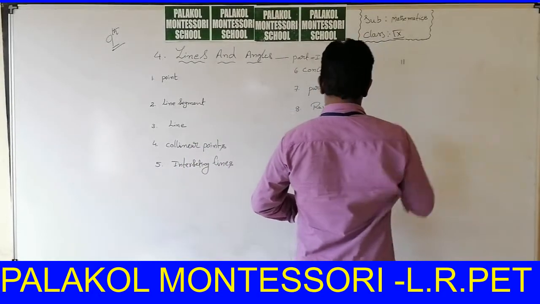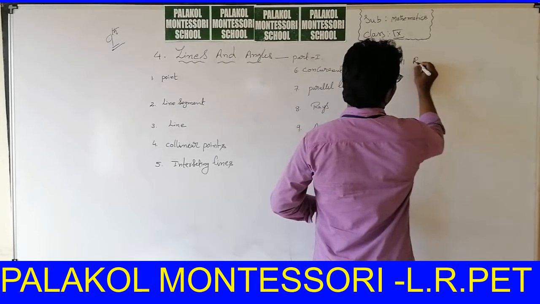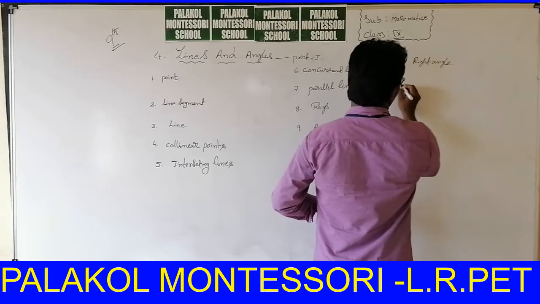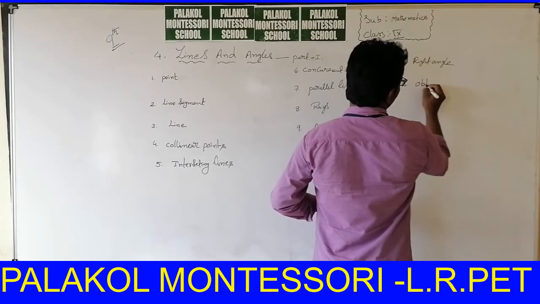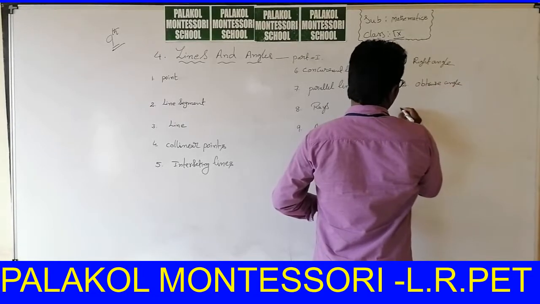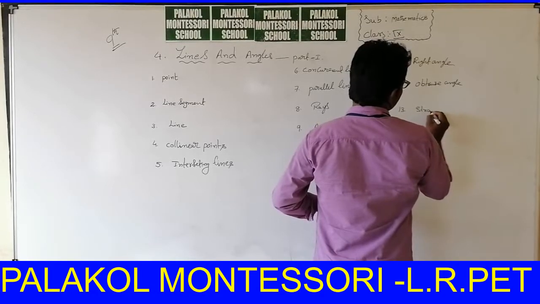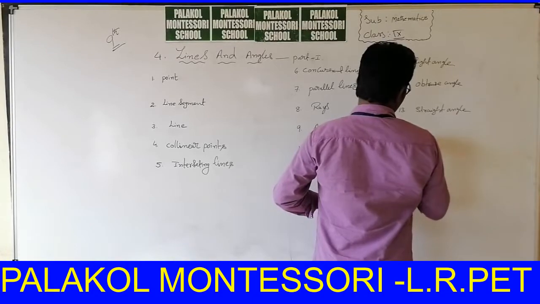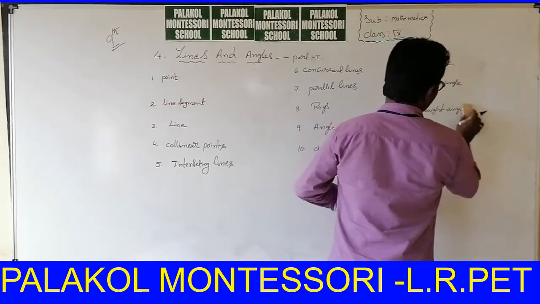11th one is a right angle. 12th one is an obtuse angle. 13th is a straight angle. That means straight angle means straight line angle.